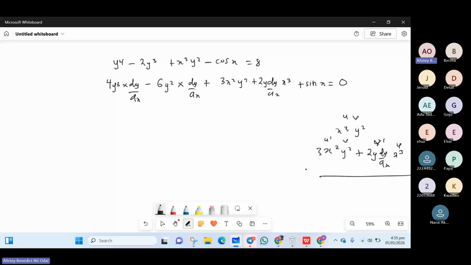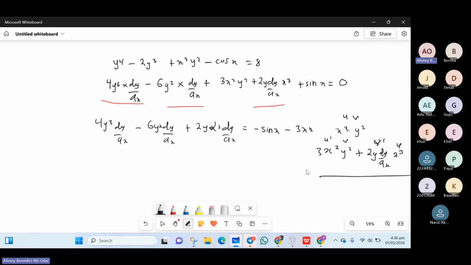So we group every term with the dy dx, which is 1, 2, and 3. So we basically have 4y cubed dy on dx minus 6y squared dy on dx plus 2y x cubed dy on dx, and this is equal to negative sine x minus 3x squared y squared.